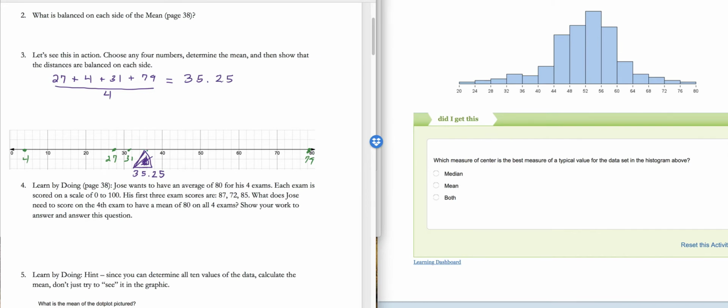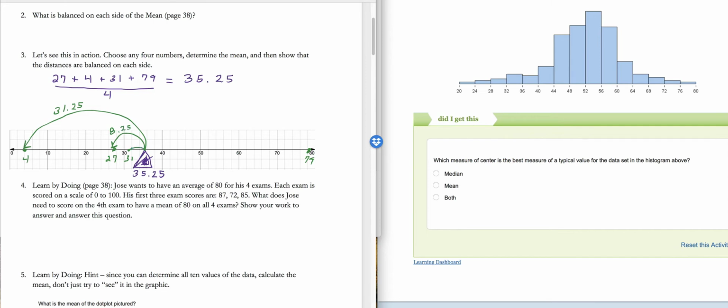So here, let's start going all the way back to 4. So that distance, we could take 35.25 minus 4, and we get our distance of 31.25. For our next point, back to 27. So again, subtract, and we have a distance of 8.25.